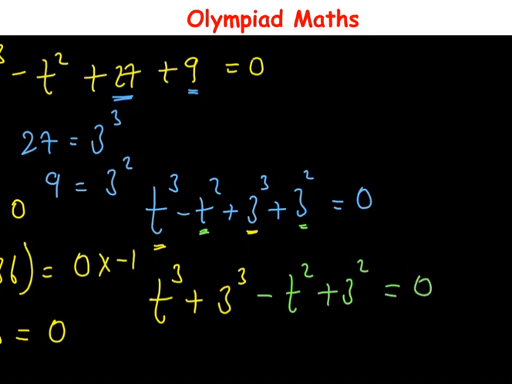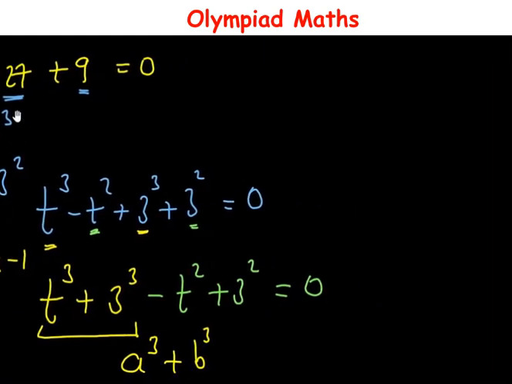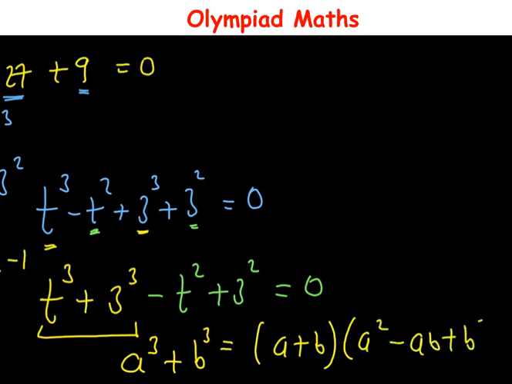Now, looking at this right here, this is in the form of a raised to power 3 plus b raised to power 3. And if you have a raised to power 3 plus b raised to power 3, this equals in brackets a plus b multiplied by a squared minus ab plus b squared. Okay, now in this case, the value of a is t, the value of b is 3.